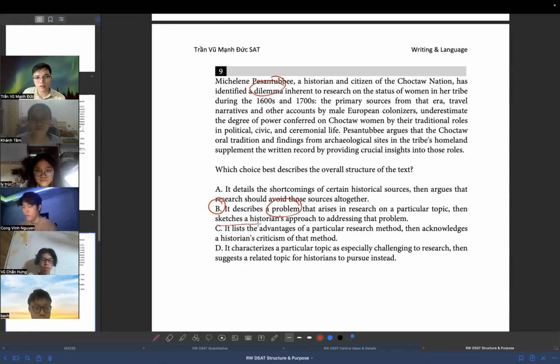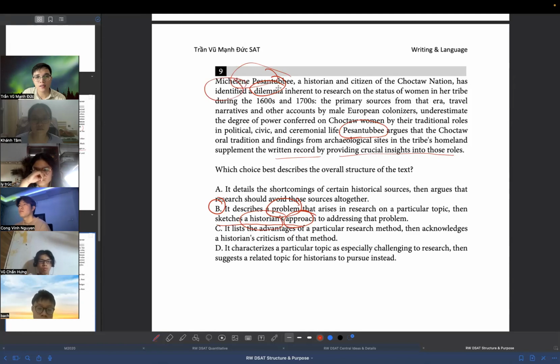Then it sketches the historian's approach. Let's see if it says anything about approach.